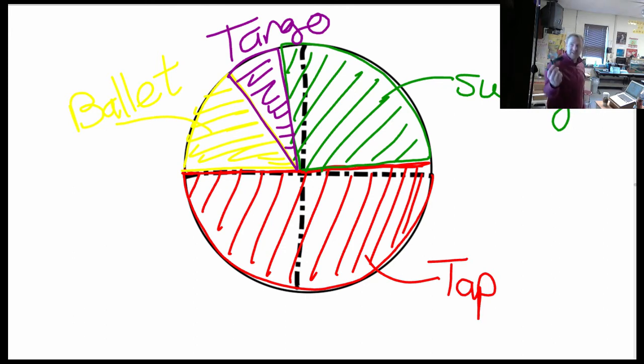Okay? How many degrees are in a full circle, though? Anybody know? 360 degrees. So in theory, could you find how many degrees each one of these were if you knew the percent? Yeah, you could.